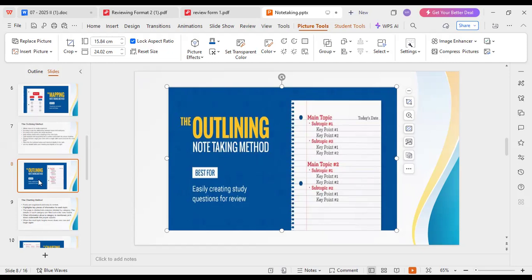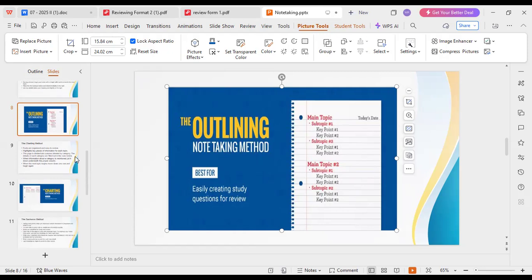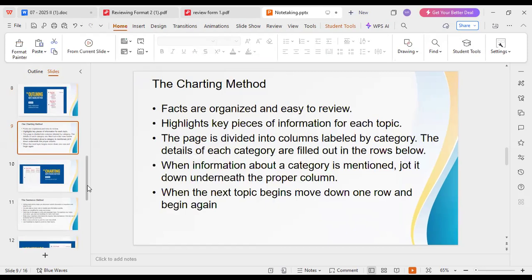And yeah, if there are no questions, we can move to the charting method. Yeah. So here this one is also called the table method.